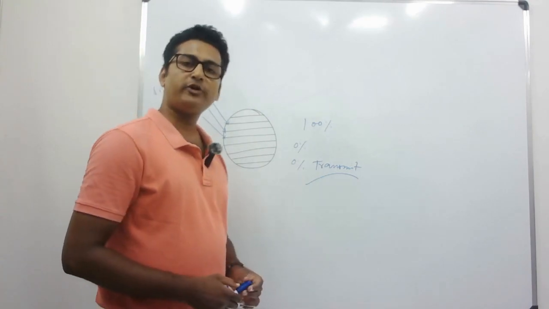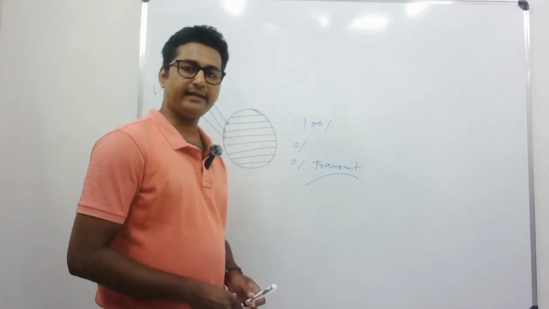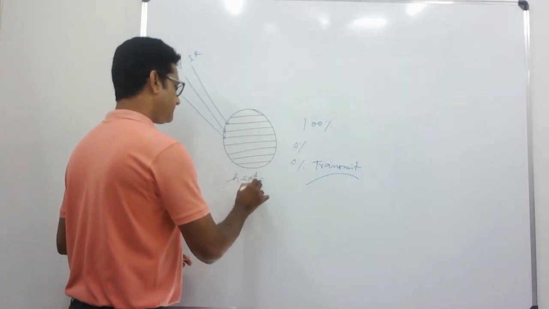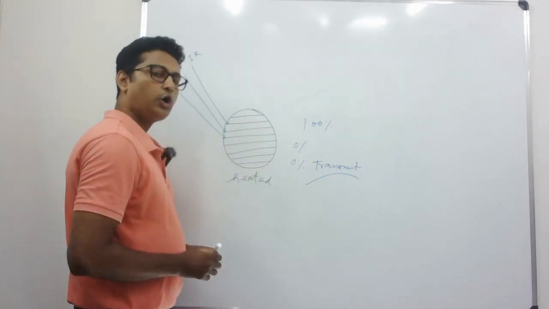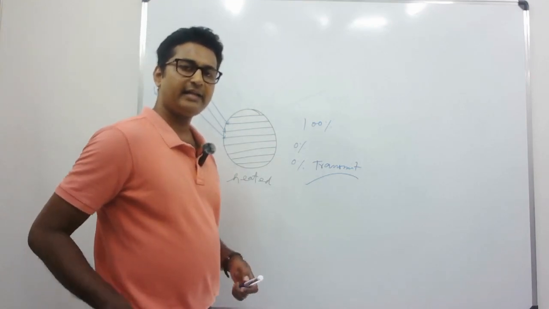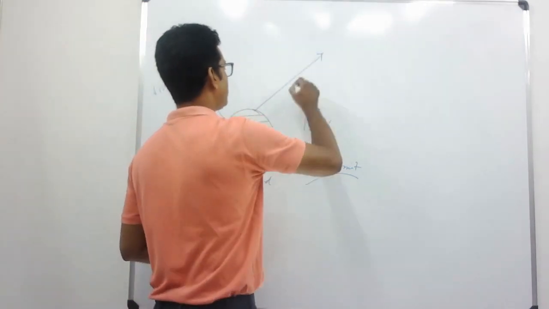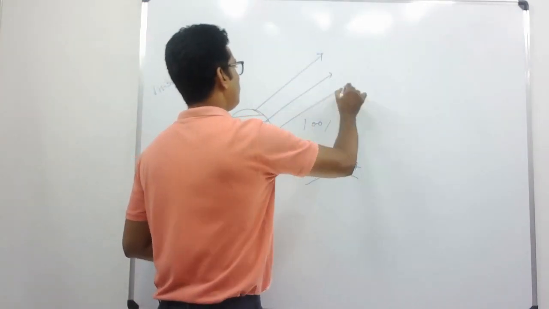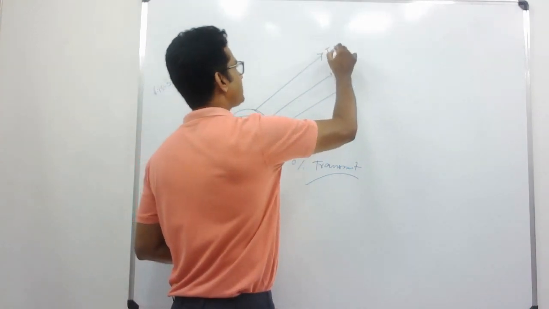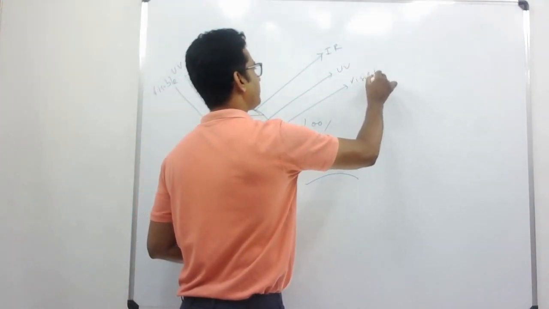Now, what is black body radiation? When a black body is heated, all the electromagnetic radiation like IR, UV, or visible radiation would be emitted from the black body, whether it is IR, UV, or visible.